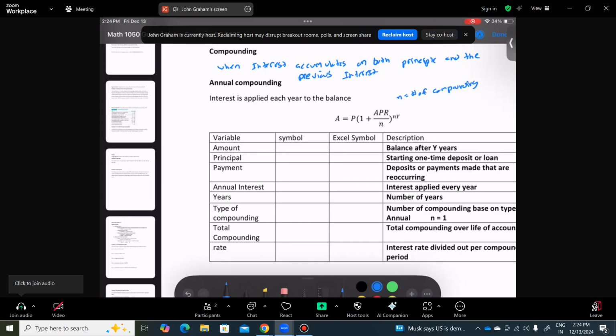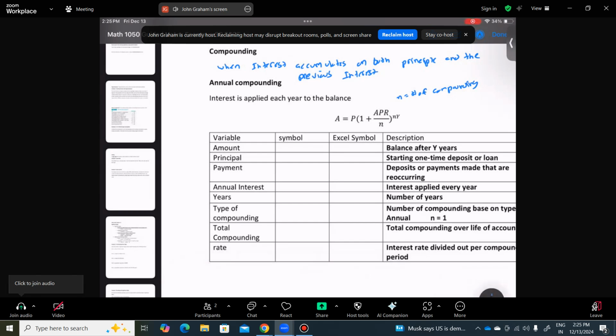Right, we're going to look at symbols we use for the formulas. Normally we do this in Excel, but we're going to be doing this in Desmos, so it's going to be a little different. We won't have to go into detail about the symbols that we see in Excel, but I will write them in. For your balance, we use A for the amount.